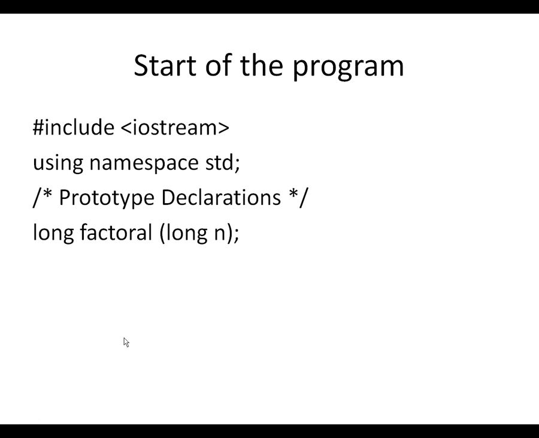Here is the start of your program, just like a cookbook. Here's your function prototype where you're declaring your factorial to return a long integer, and you're passing it a long number n.